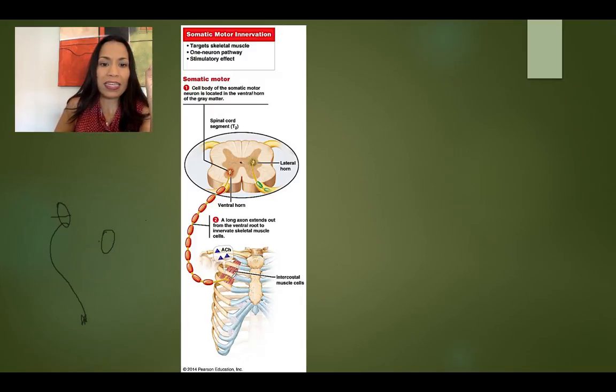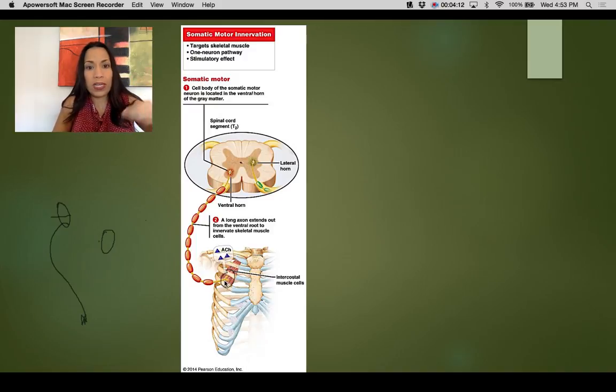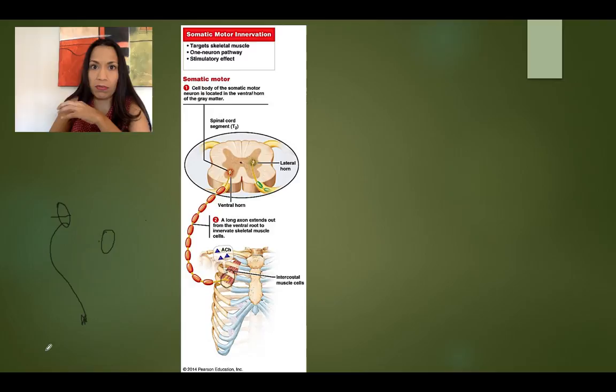And remember that we explained this synapse, which is the neuromuscular junction, the synapse between the end of this axon and the skeletal muscle cell, and how the neuron releases acetylcholine, which is the neurotransmitter that interacts with the acetylcholine receptors on the skeletal muscle tissue, and this stimulates the muscle to contract. Ready? Okay, this is the somatic nervous system.